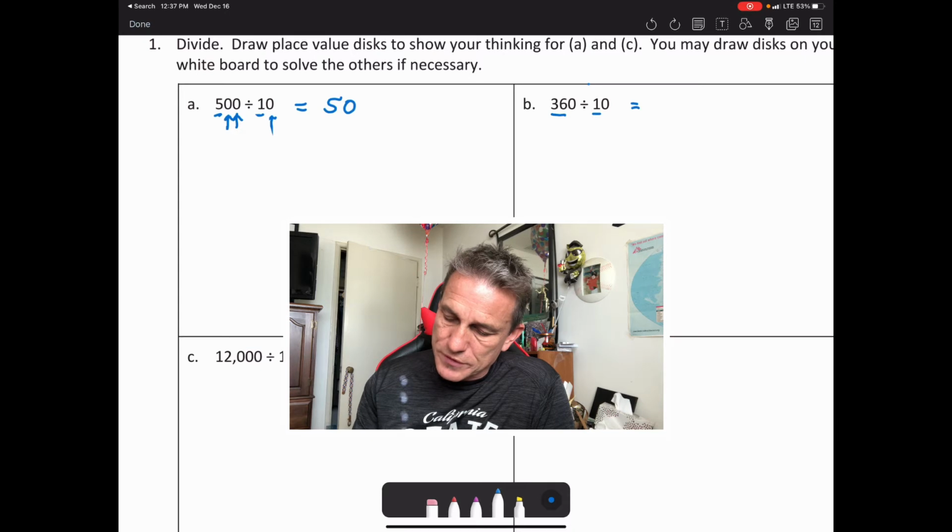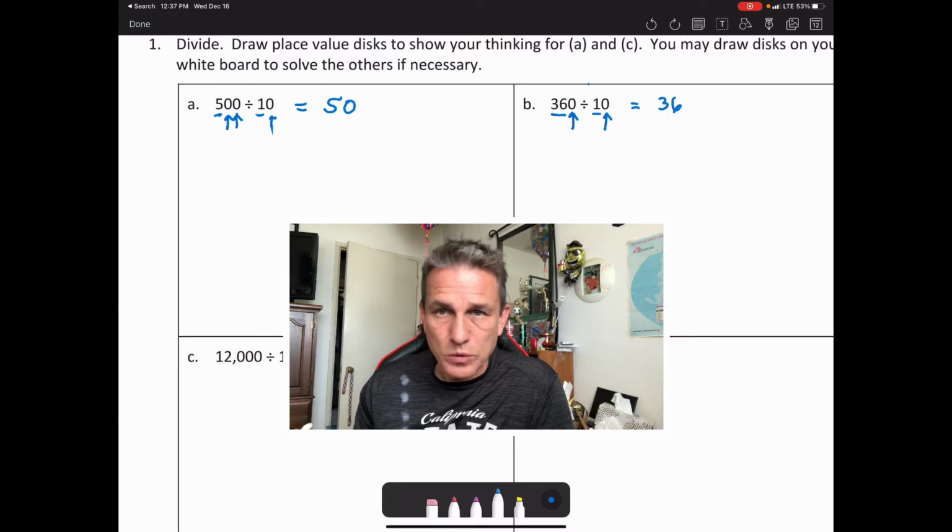So you do 36 divided by 1 first, and you get 36. Then you have 1 zero here, and you're going to subtract the 1 zero that's here. So 1 zero minus 1 zero is no zeros. So your answer will just be 36.